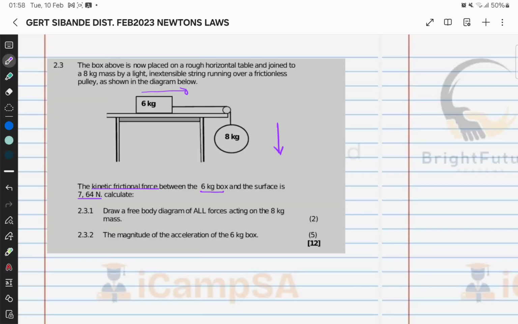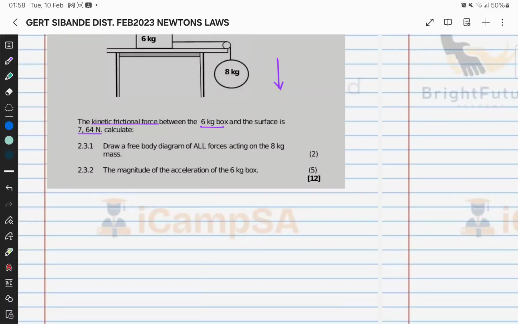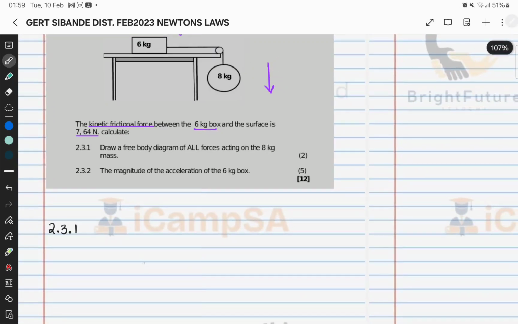Right, so now we're asked to draw the free body diagram of all the forces acting on the 8 kilogram block. As soon as you see a string that is being pulled either by a force or that has a weight attached to it and is hanging, it means there will be tension.